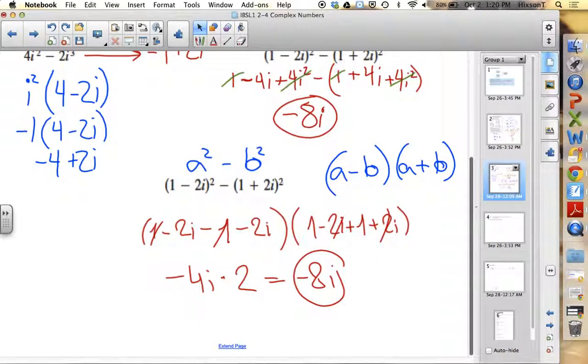I never thought of that until Yutong Wang came up with that in 3rd period. Yutong and Maxime, and we'll see if anyone in 6th period comes up with that too. But hey, this is what's really cool about math, is that there's almost always more than one way to do something. Okay? So, that's one of the things I really enjoy about math.